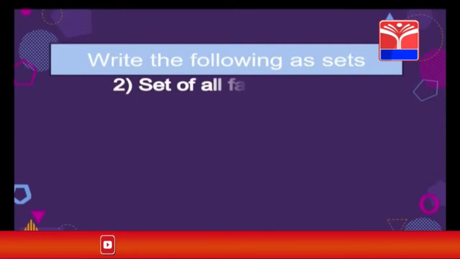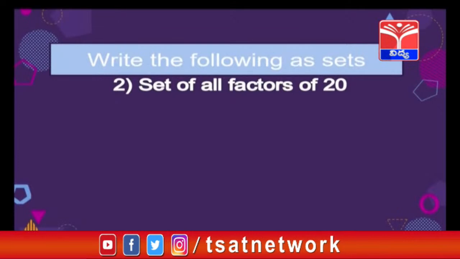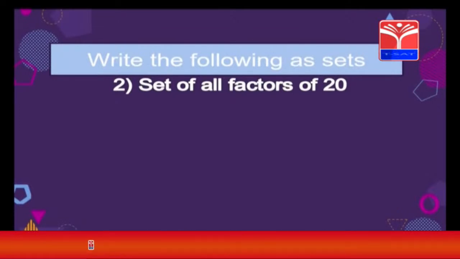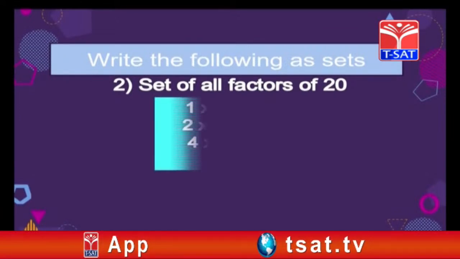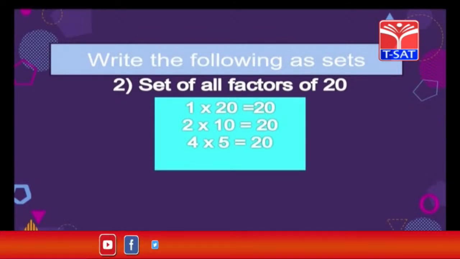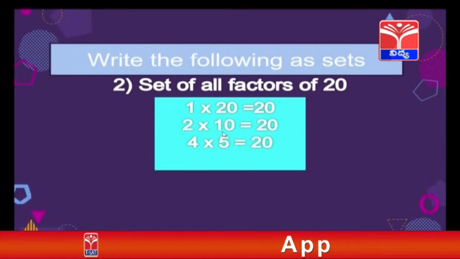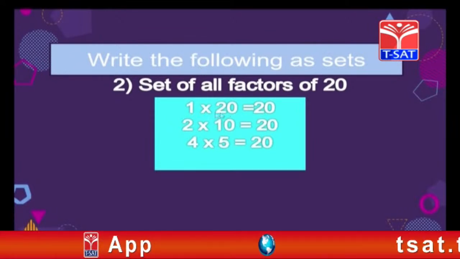The second one is the set of all factors of 20. Now, what are the factors of 20? Factors of 20 means numbers which divide 20 exactly, that is, leaving the remainder as 0. Now, let us see which numbers can be considered as factors. 1 into 20 comes up to be 20, 2 into 10 comes out to be 20, 4 5s are 20, 5 4s are 20, 10 2s are 20 and 20 into 1.